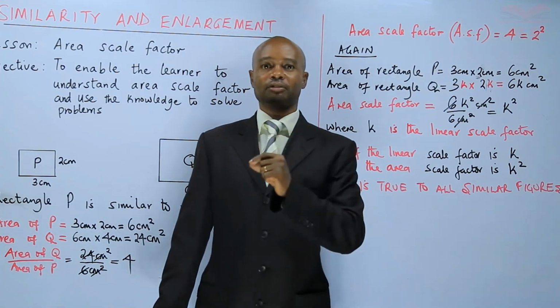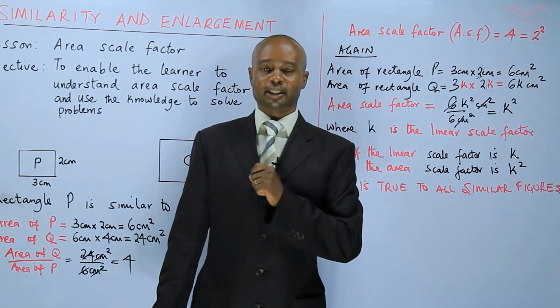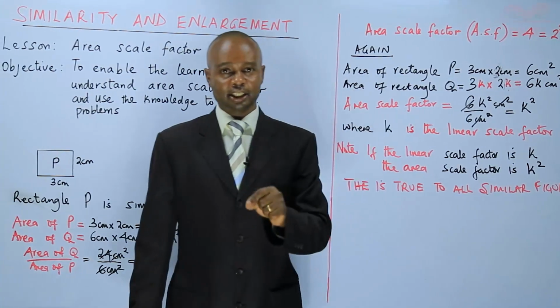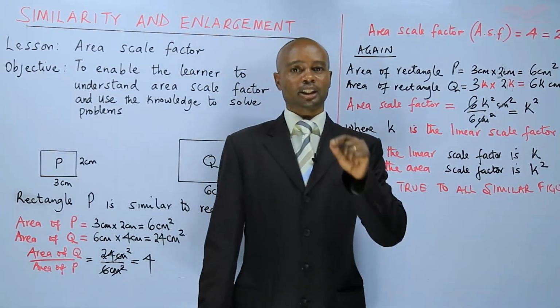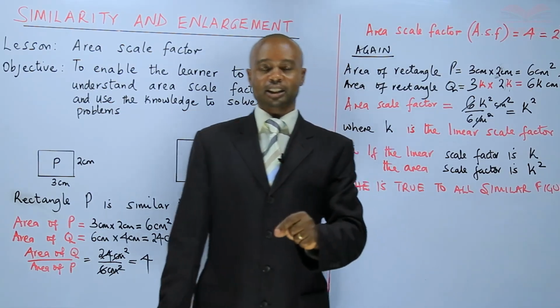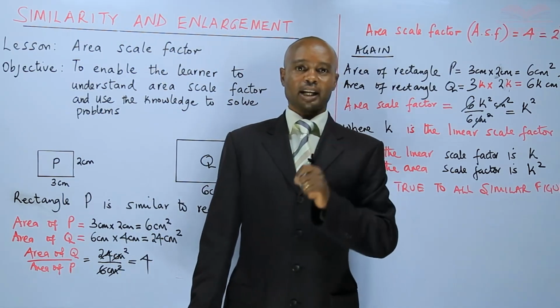If the linear scale factor is 5, the area scale factor will be 5 squared, 25. If it is 10, the area scale factor will be 10 squared, that is 100. If it is 12, the area scale factor will be 12 squared, which is 144.